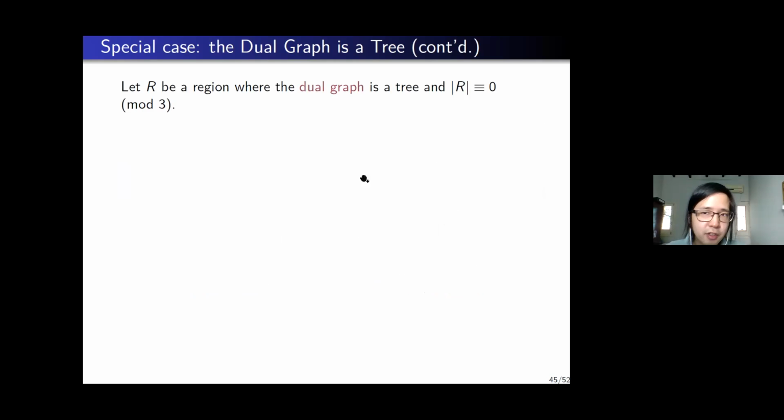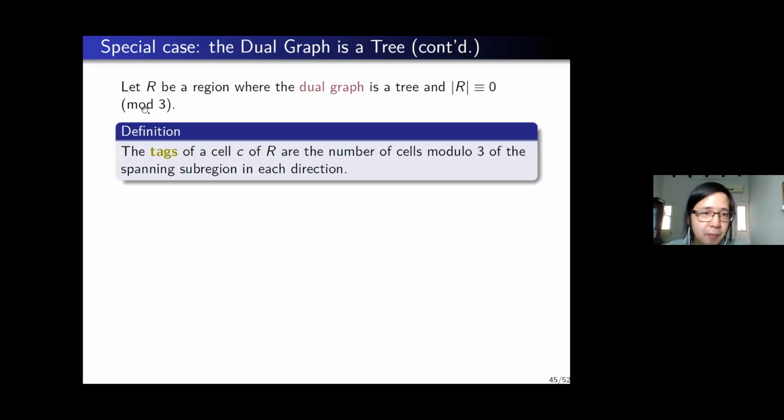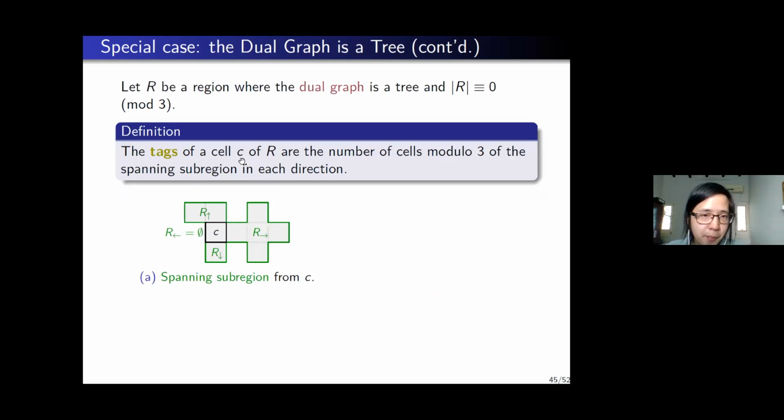Let's suppose the region has a multiple of 3 cells. We define a tag of a cell as the size of the spanning subregion in modulo 3.